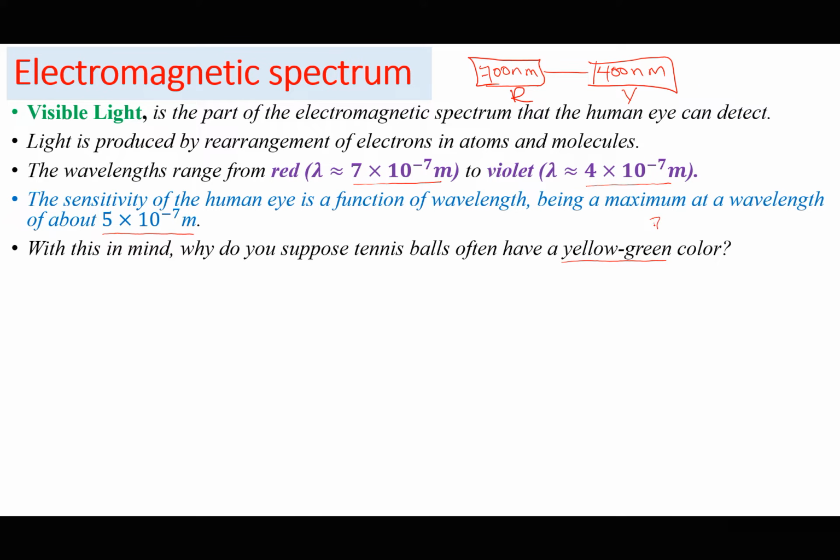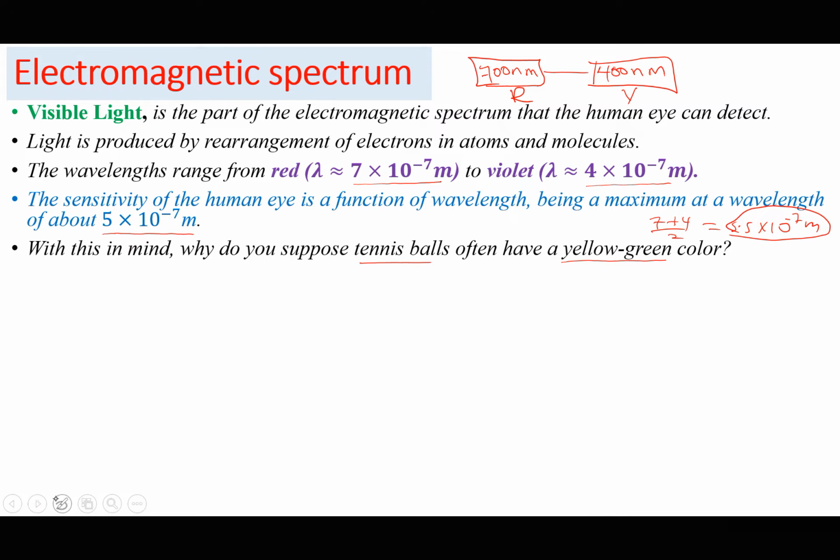That is 7 plus 4 divided by 2, which is 5.5 times 10 to the power of -7 meters. So this is approximately the yellowish-green wavelength. The tennis ball moves very fast, so to be easily seen by the human eye, it is always painted yellowish green.